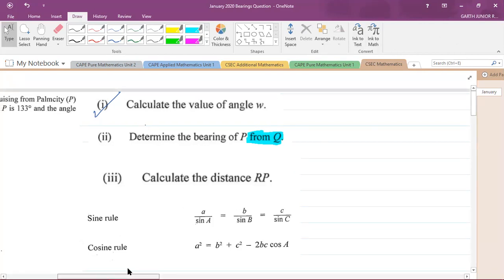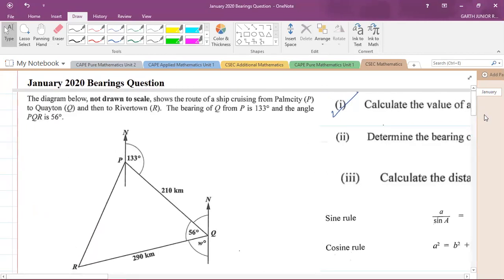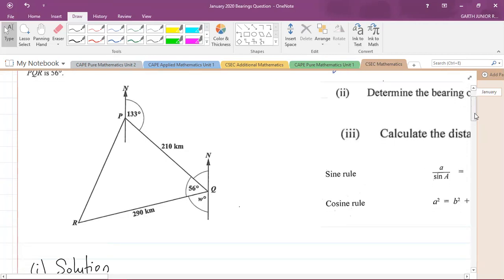Now, what are they talking about? It says from Q, so we're measuring an angle from Q. What they're asking us to calculate is this angle here. We're starting at Q and we want to end up at P. When you're measuring a bearing, you have to do it in a clockwise direction.